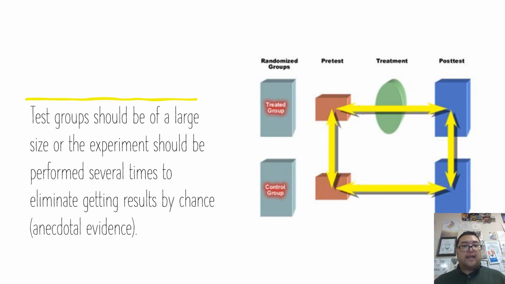And that's called anecdotal evidence. Okay, so we must retest, retest, retest in order to be confident in our results that it's not just by chance, but it's actually by the independent variable acting on the dependent variable.